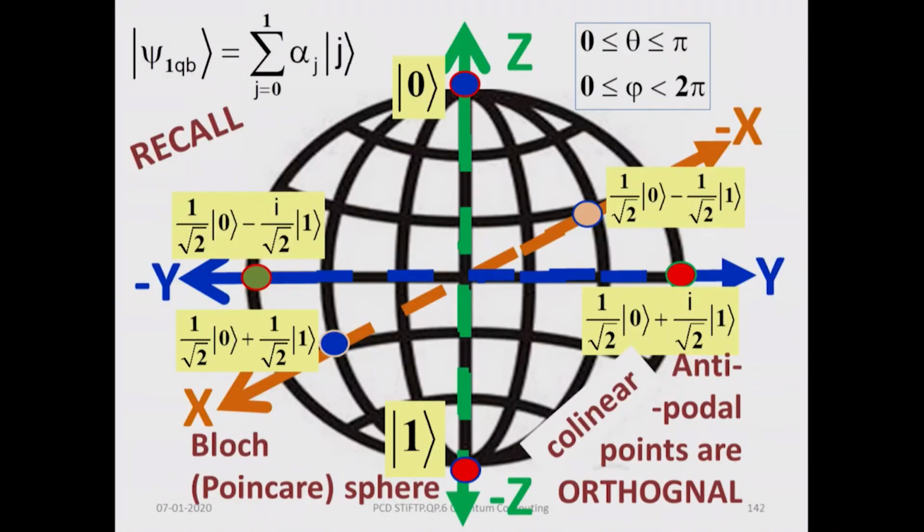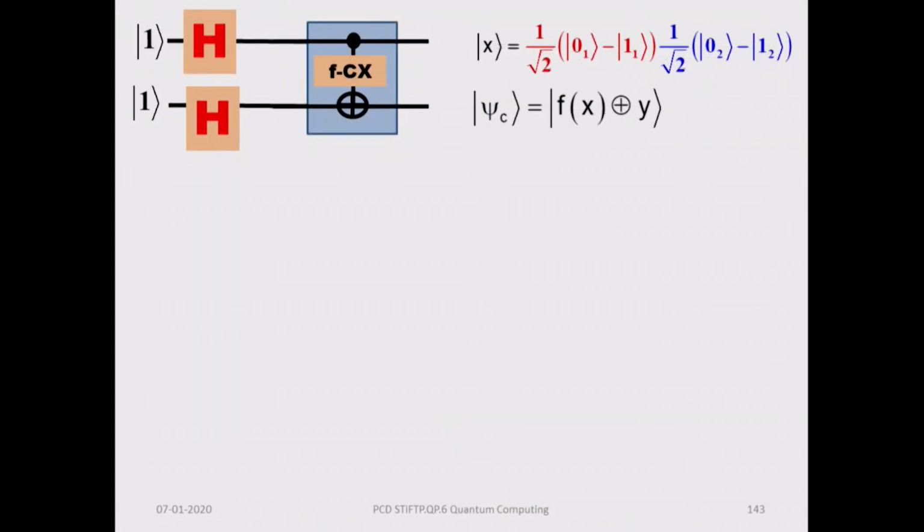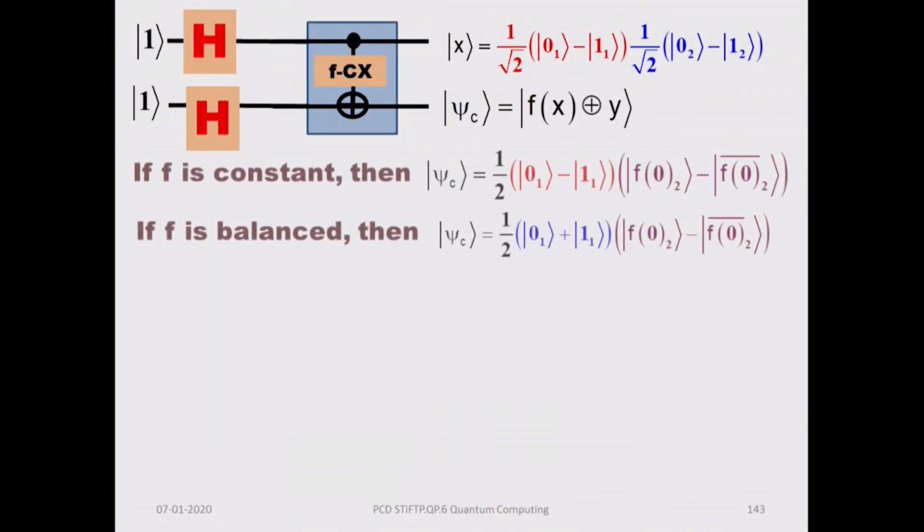Okay? So, this was the Bloch sphere and these are the points. So, you have the plus combination and the minus combination which are antipodes of each other. We have seen this figure earlier, right. So, these are antipodal points on the Bloch sphere and this is what we now have got.